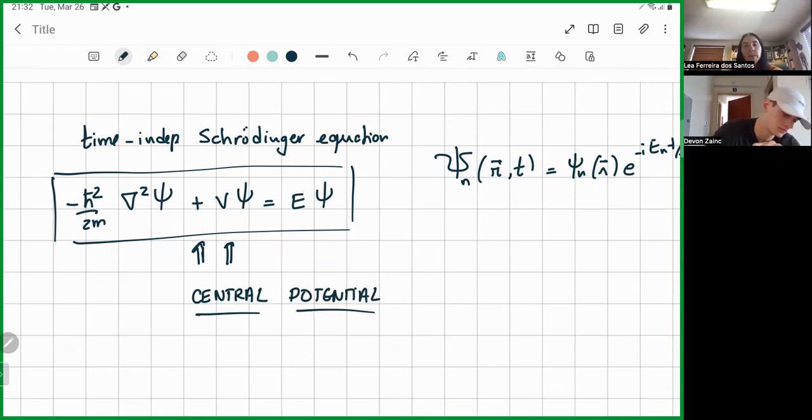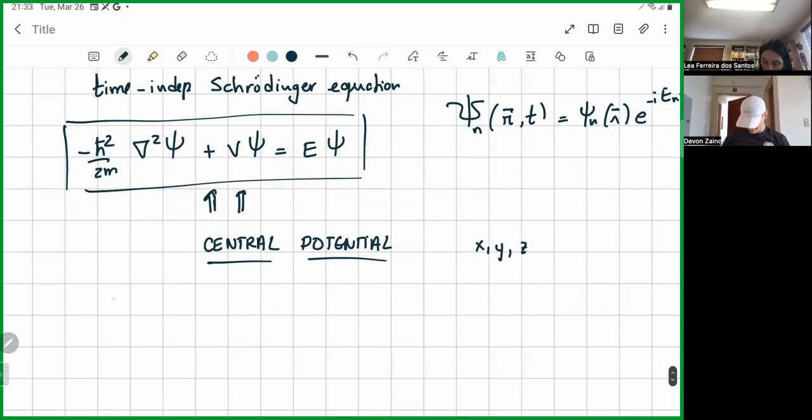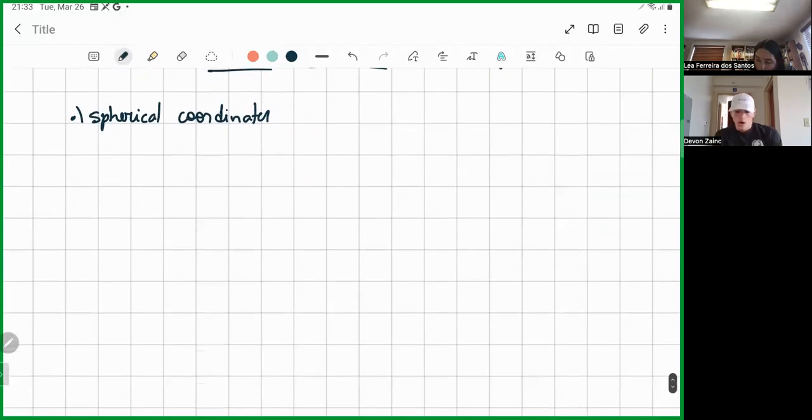It's just a name, but it is easier to understand if, instead of playing with the coordinates x, y, and z, I go and play with spherical coordinates. So what is this story? Well, let's put our frame. 3 dimensions, so I need 3 directions. So x, y, and z.